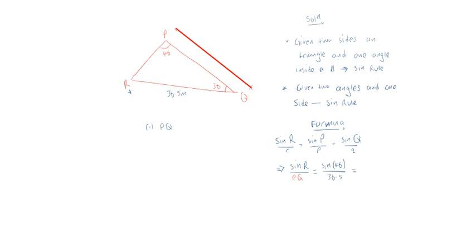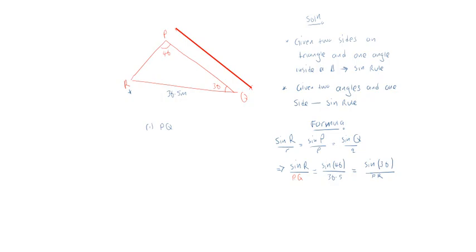That is equal to, do we have any angle on Q? Yes, which is 36, over, are we given any side opposite to this angle Q? We are not. So I'll just write PR to represent that side.